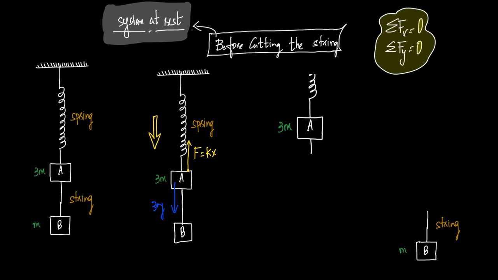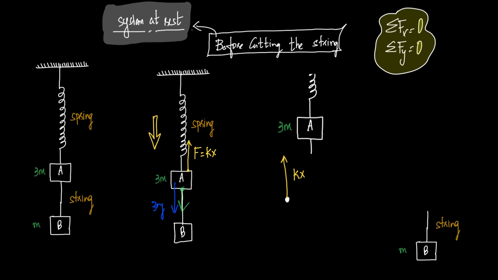Since there is a point of contact between A and B, the string will be pulled towards B, and therefore tension would act away from this point of contact. We'll draw it one more time. For body A, there is the spring force Kx acting in the opposite direction.